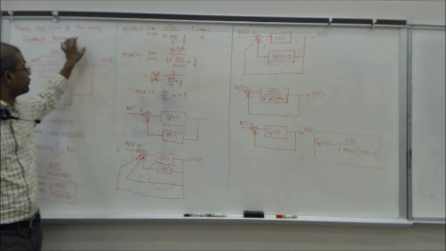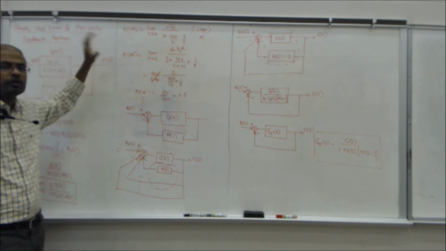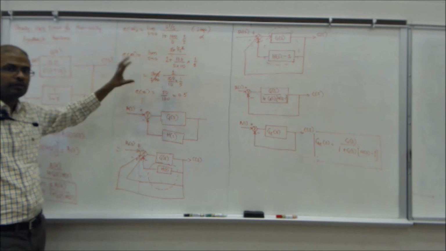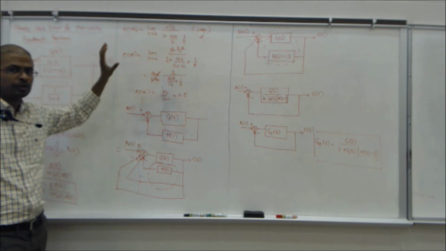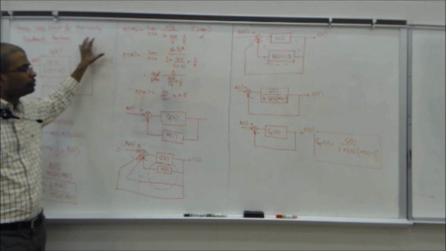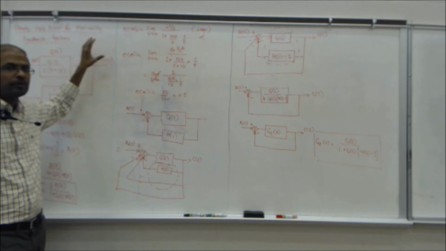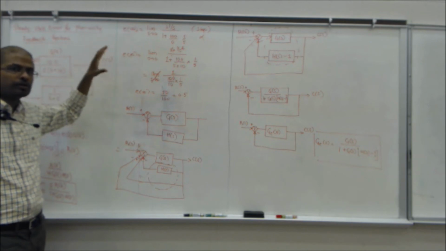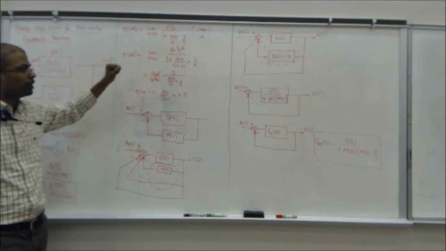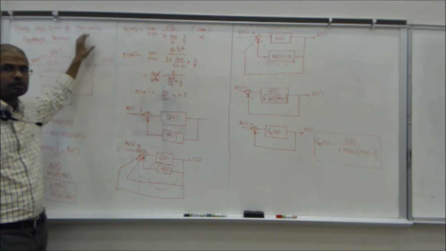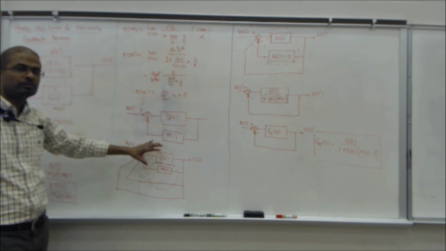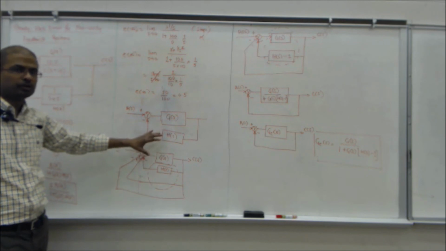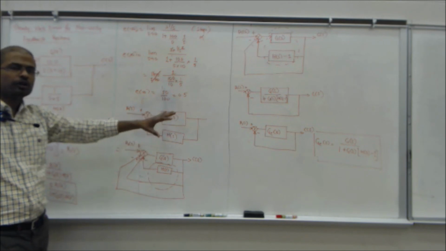Yes, I took a non-unity feedback system. Whatever we have learned, the steady state error definitions are for unity feedback systems, right? We want to be able to apply the definitions we have learned to non-unity feedback systems as well. So how do we do that? We take a non-unity feedback system, do some block diagram modification and then convert it to a unity feedback system.